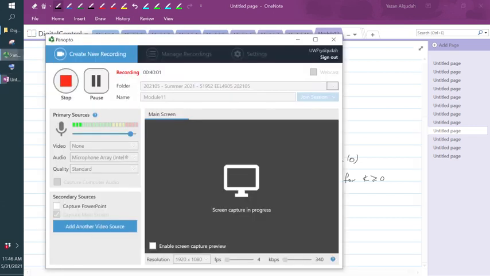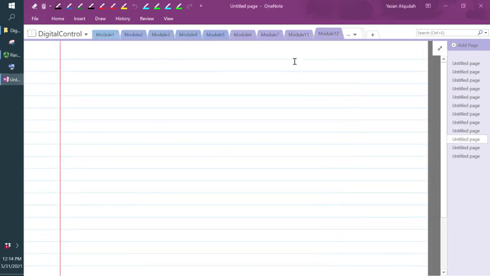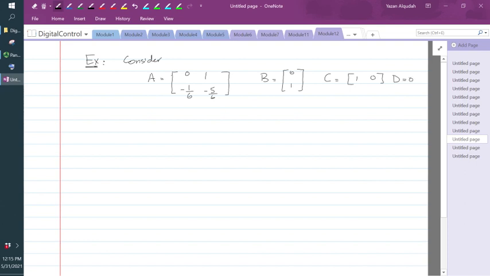Okay. Okay, let's do an example. So let's say we have a state space representation that has A equal to [0, 1; negative 1/6, negative 5/6], and the B matrix is equal to [0; 1], C is equal to [1, 0], and D is equal to 0.